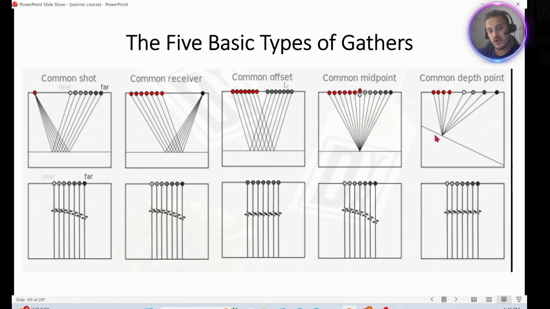In common offset, we have multiple sources and multiple receivers. In common midpoint, we have the midpoint here, with the source and receiver, and its goal is to collect within one point on the interface. In common depth point, the reflection is collected from one depth point here.